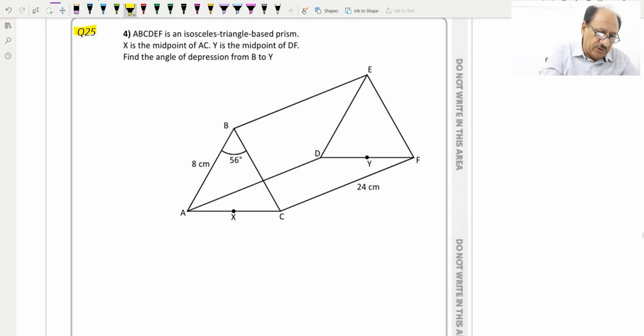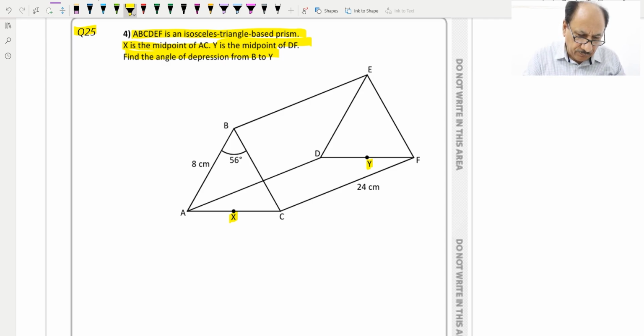Question 25. ABCDEF is an isosceles triangle based prism. So X is the midpoint of AC, and Y is the midpoint of DF. Find the angle of depression from P to Y. First of all, we need to understand which angle the angle of depression will be.